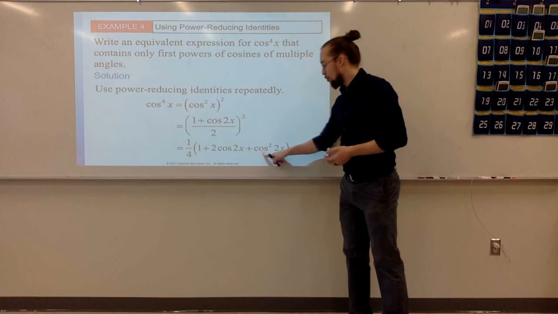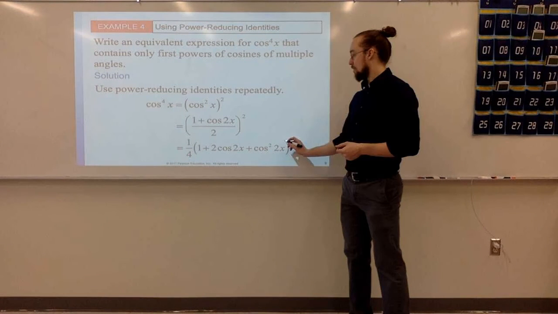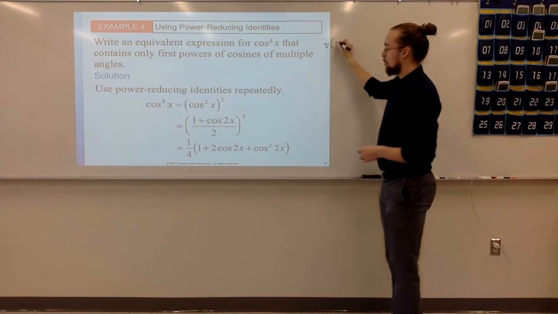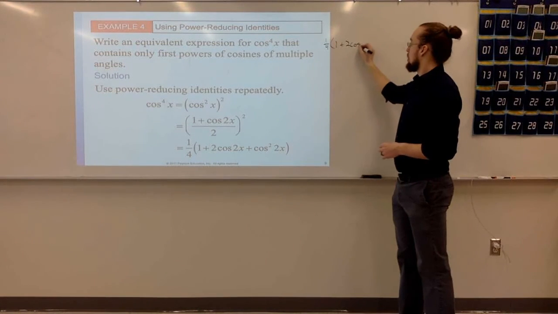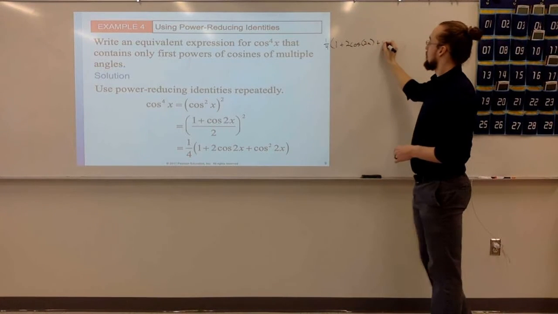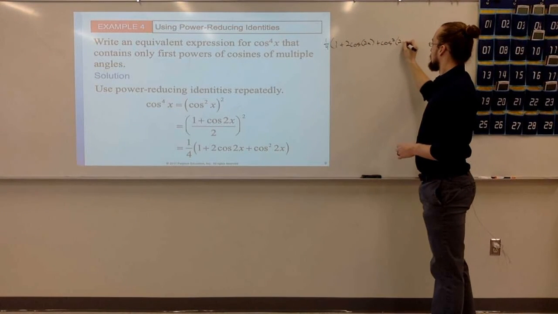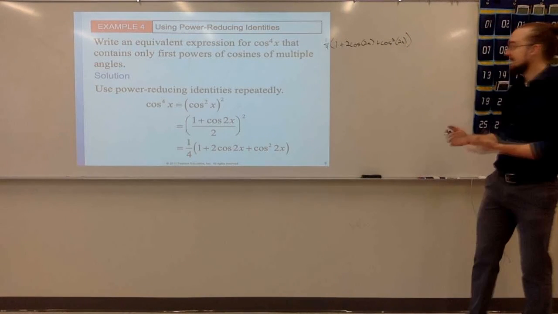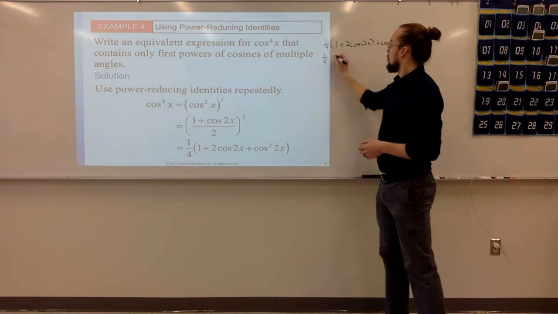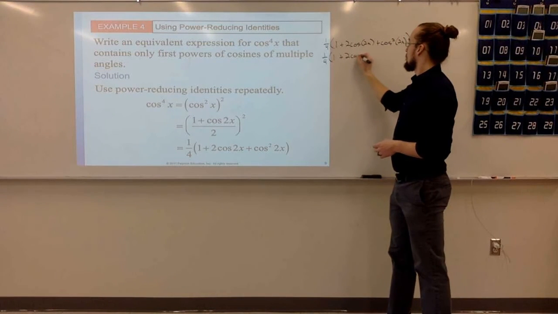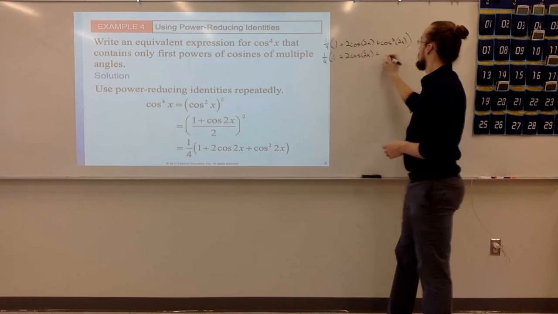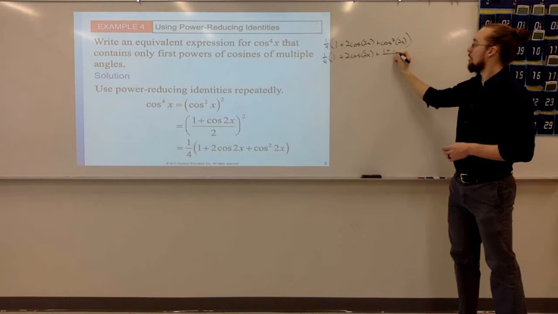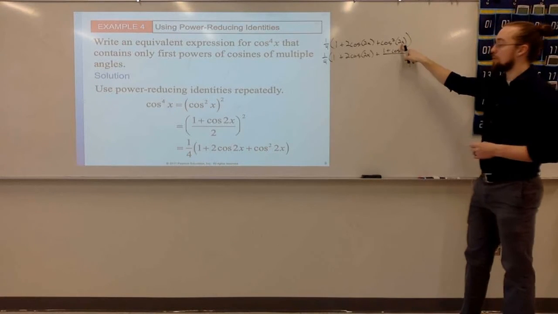So we've got 1/4 times 1 plus 2 cosine of 2x plus cosine squared of 2x. If I use my power reducing formula here, this is equal to 1 plus the cosine of, and I'm just going to double this angle.